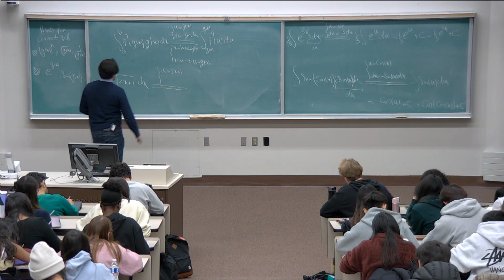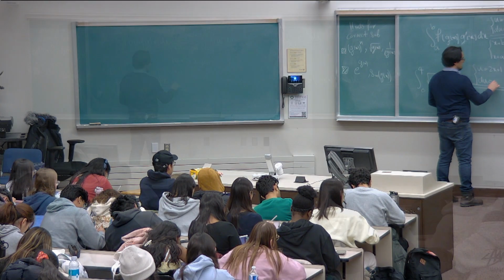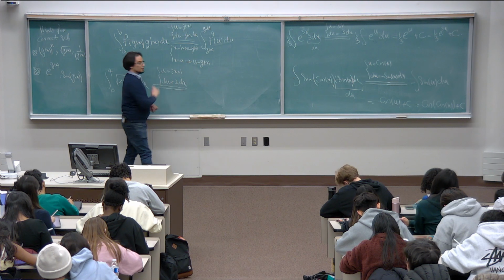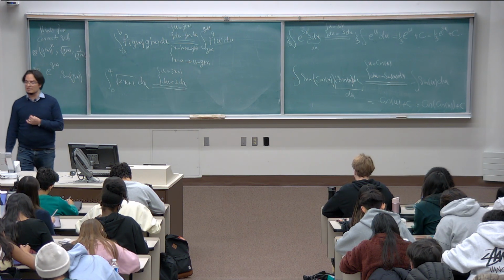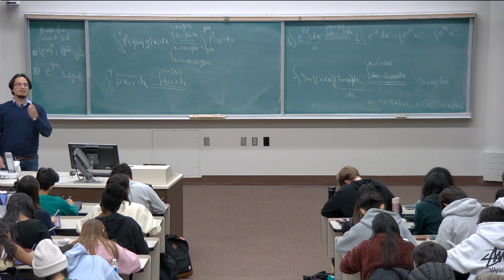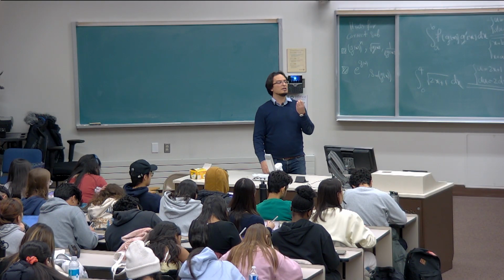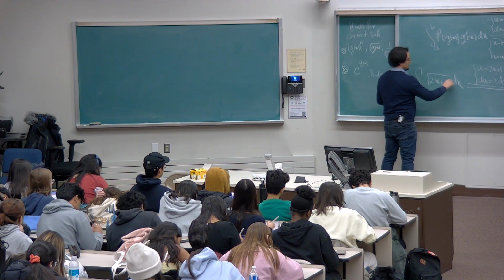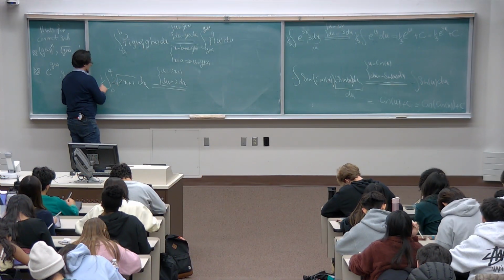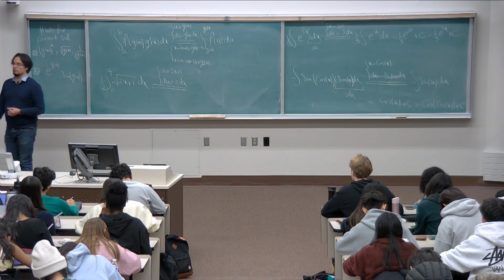Then, when I do du, I see that, oh my God, there is a 2 that I need, but it is not present. Fixing a constant factor is easy. You just multiply. You can either multiply it there, or I'll write here and divide the whole integral by the same constant.